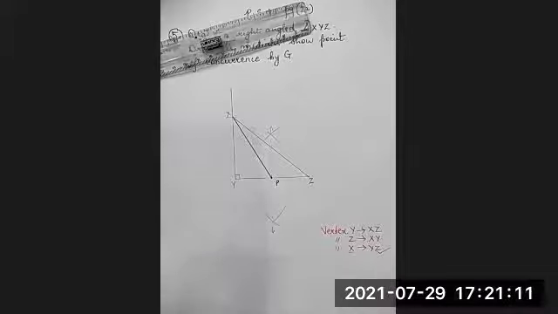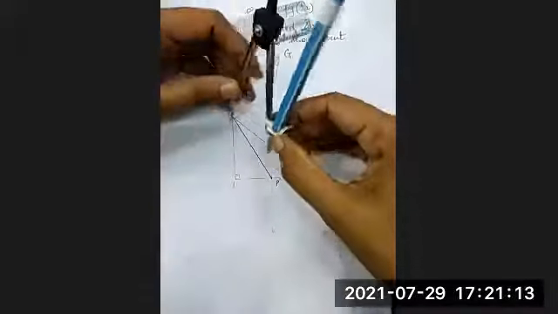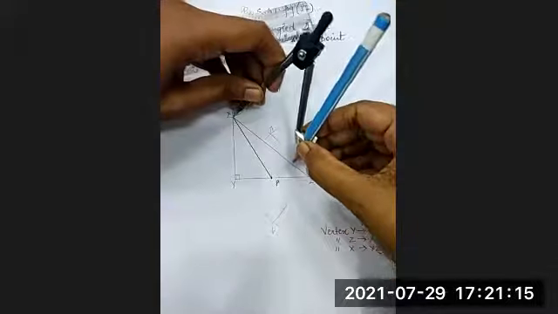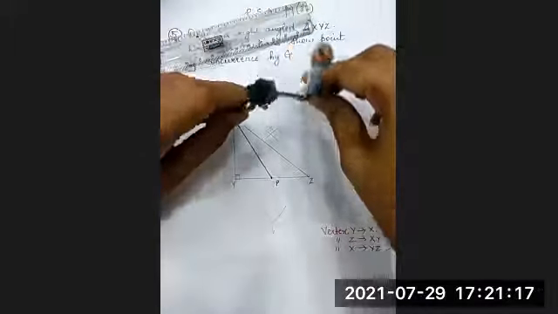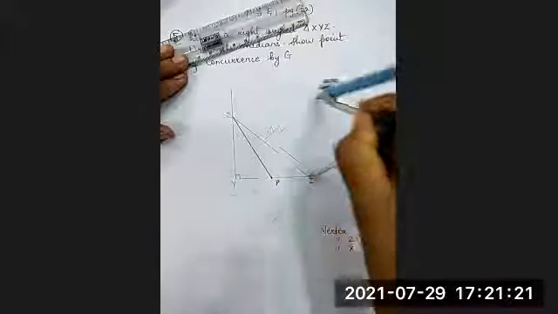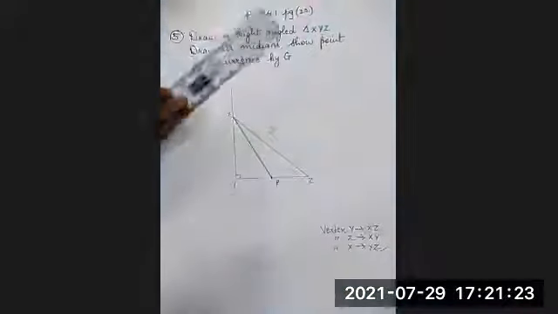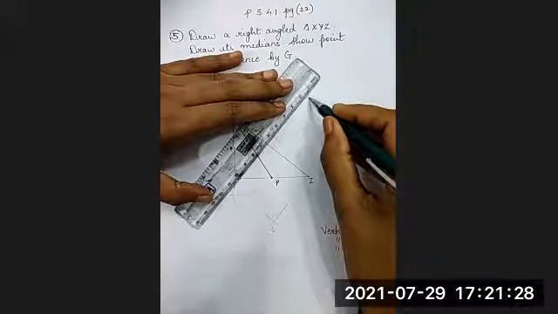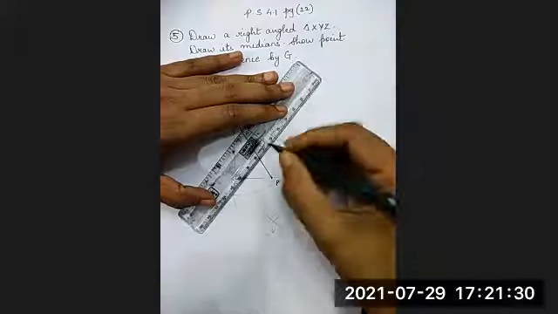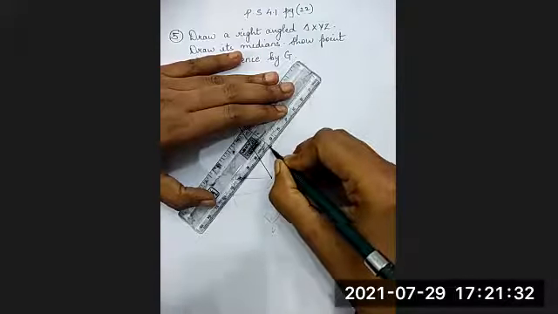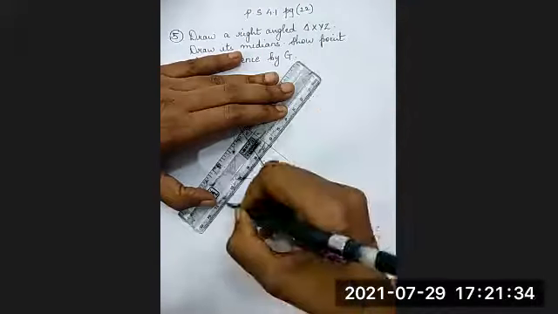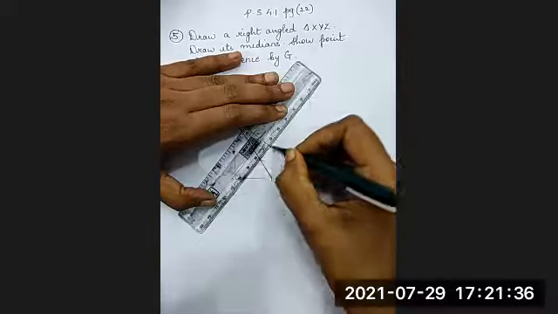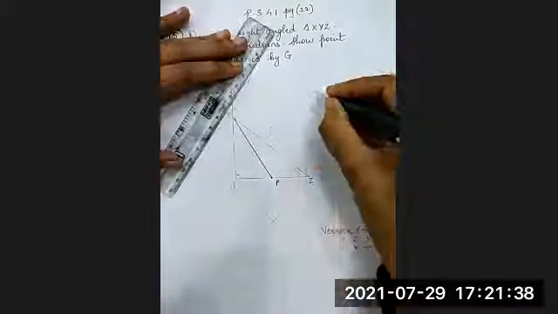Now let's take the next side XZ. I will again take more than half distance, keep it on point X, make the arcs, then keep it on point Z, make the next 2 arcs. Again, I will draw a line passing through both these points. I'll make the point of intersection here, the midpoint, and a fine dotted line.